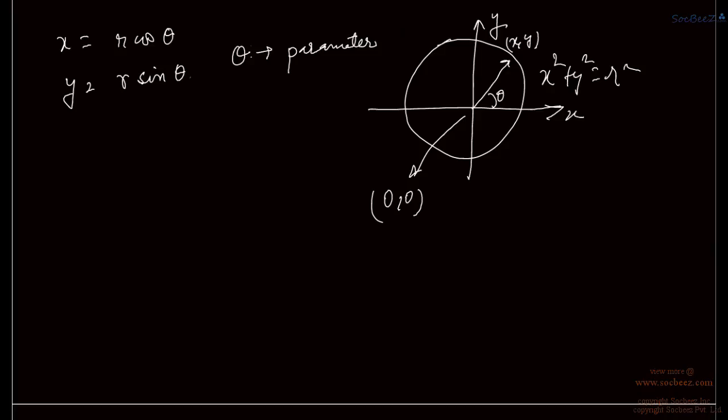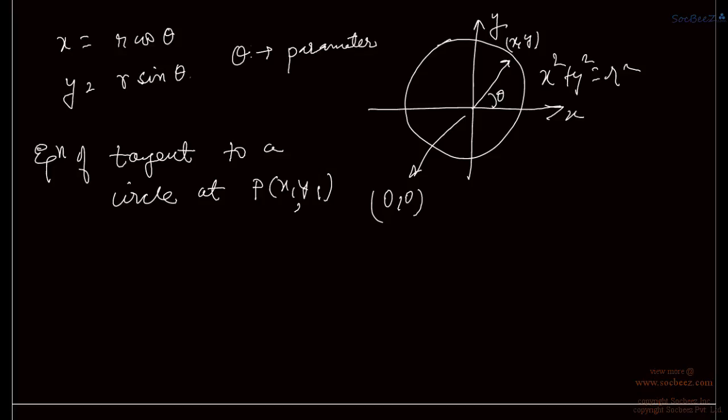Right. So suppose at point (r cos θ, r sin θ), we have a tangent to a circle. Or let us say at point (x1, y1), we have to write the equation of a tangent at point P (x1, y1).